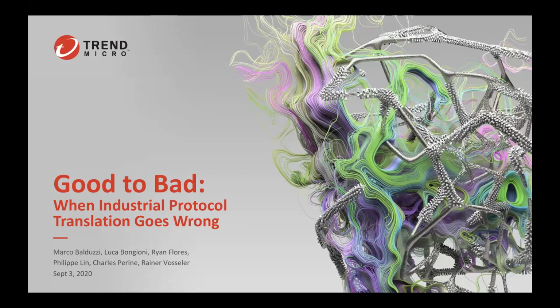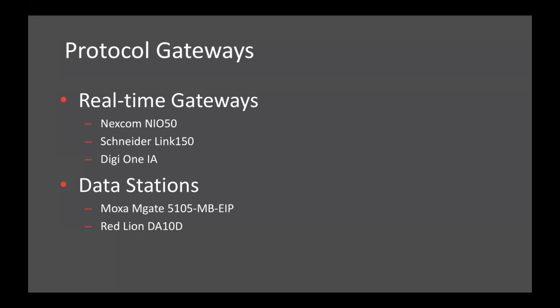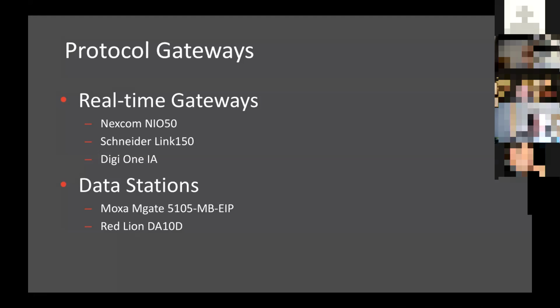So we are talking primarily about protocol gateways, and the two different types of protocol gateways that we looked at are real-time gateways and data stations. The real-time gateways typically do a packet in, translate, packet out.